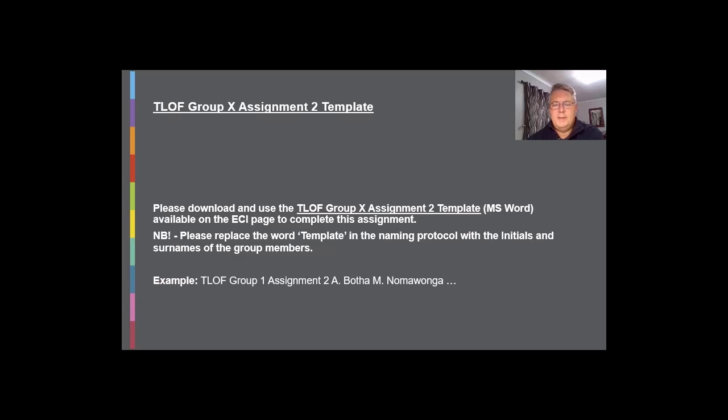Obviously not the full names, there's no space for that, but you will write the full names on the front cover next to section A, B, or C. In your naming protocol, you can say TLOF group, for argument's sake, 3, assignment 2, and then delete the part that says template and list your initials and surnames there.